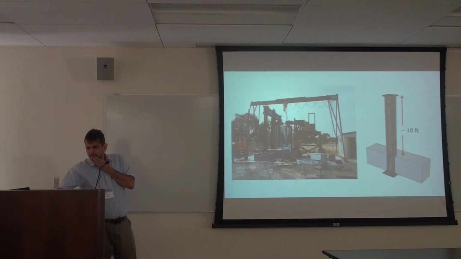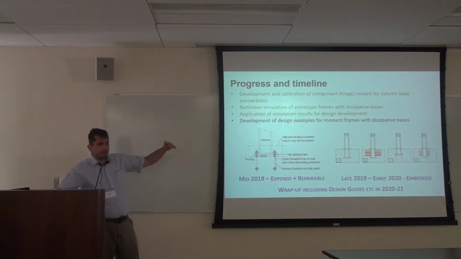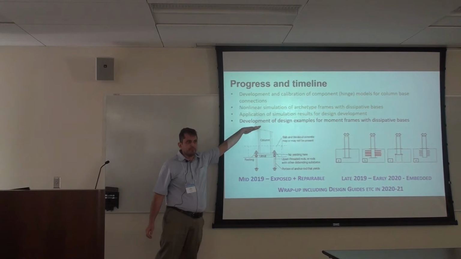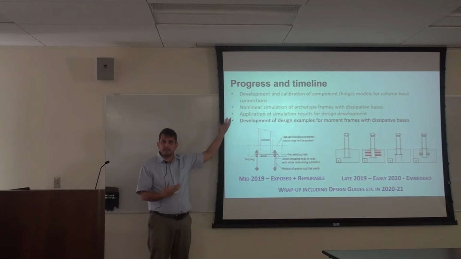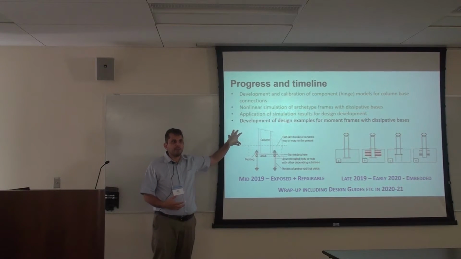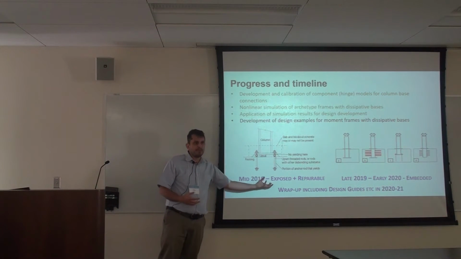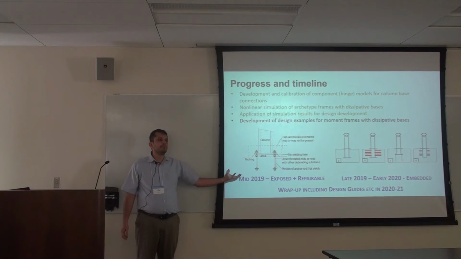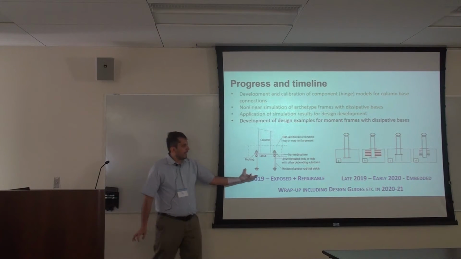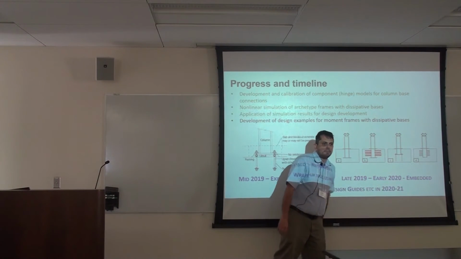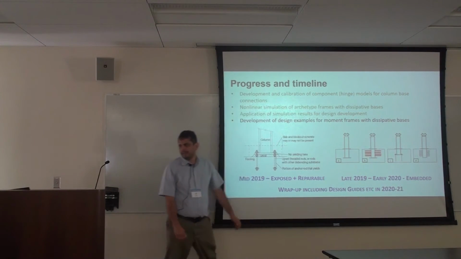So again, in terms of progress and timeline, I think we've made significant progress with respect to what we set out to do in the proposal, at least as far as the numerical simulations go. We are now starting to think very carefully about planning the experiments. The idea is about mid-2019, we're going to start with the exposed and repairable type-based connections, and then perhaps late 2019, early 2020, we'll go on to the bigger embedded type based connections.